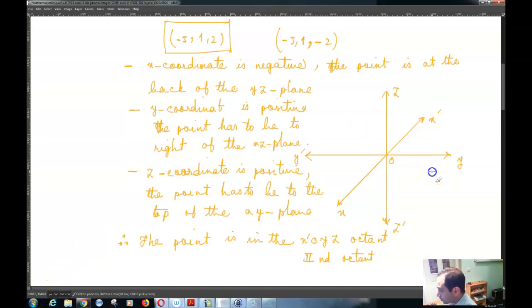Okay, so now about the other point, -3, 1, -2. This is your x coordinate, this is your y coordinate, and this is your z coordinate. Now your x coordinate is negative.